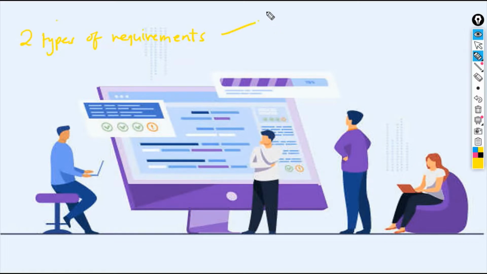First is processing requirements, and the other one is the data requirements. So this lesson addresses the processing requirements by identifying and documenting use cases.